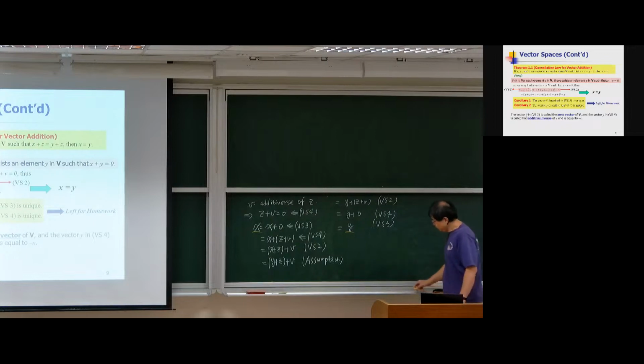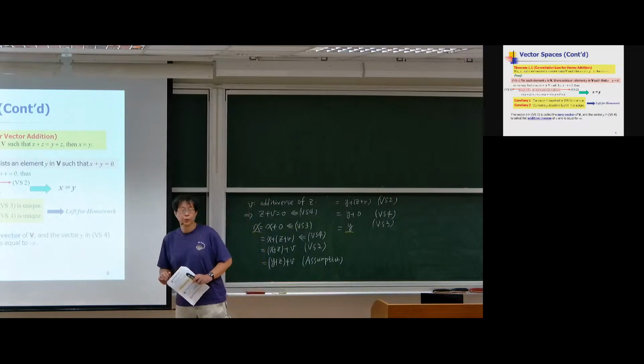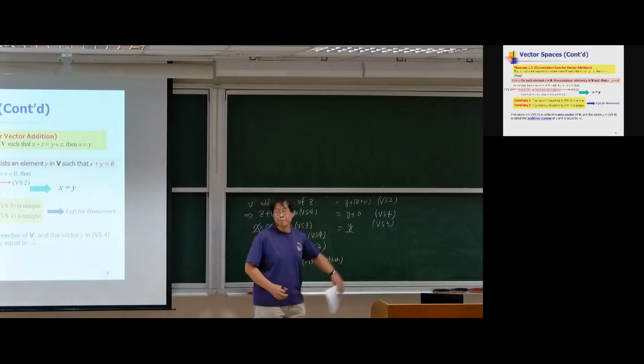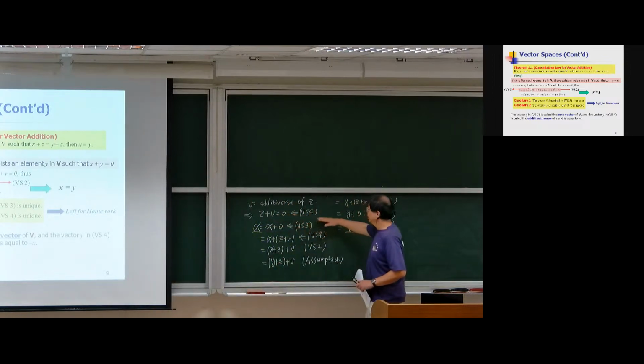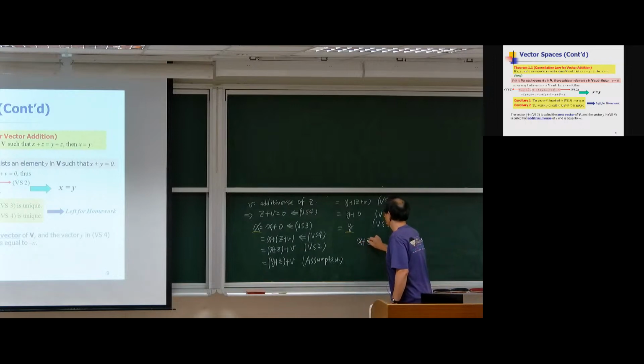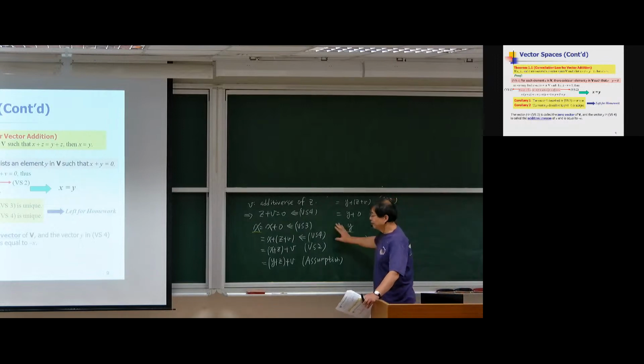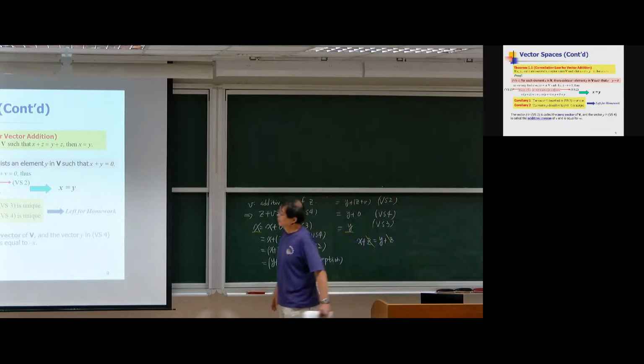From the strict mathematical point of view, we have to prove it using these many steps. But by intuition, x plus z equals y plus z, just cancel them. But we have to prove it using VS1 to VS8 here.